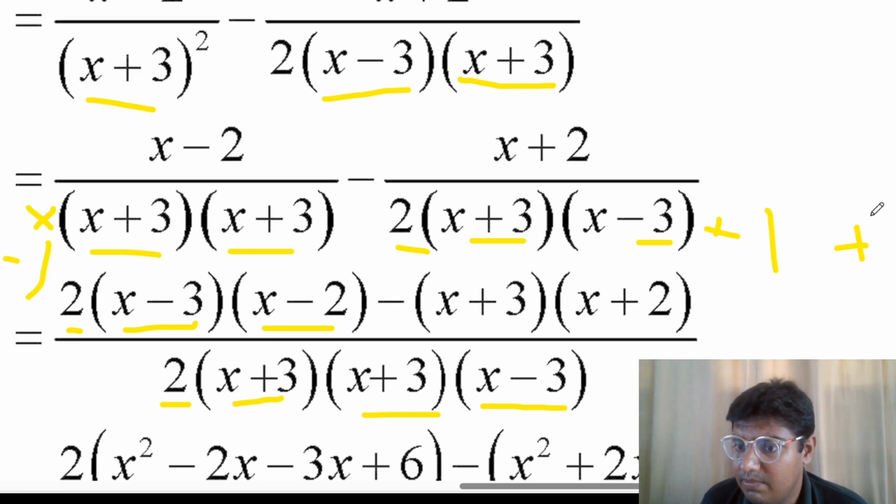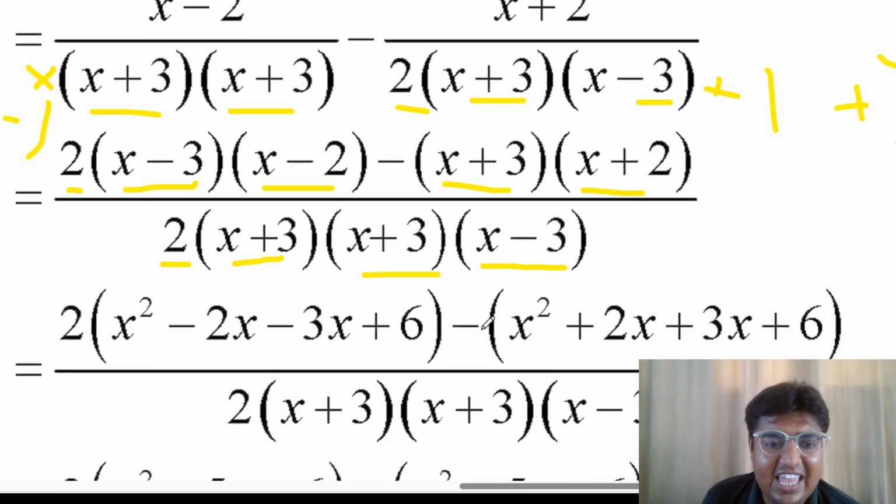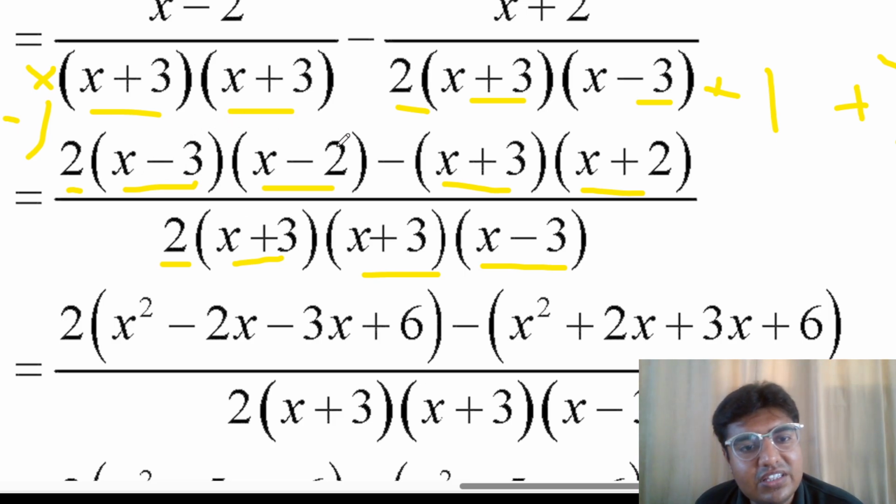Okay, students, be careful about this. Now you can see x plus 2 will remain the same and x plus 3. And then be careful, you will just solve. You know how to solve. First write x, then complete bracket x minus 2, and then minus 3 multiplied with complete bracket.